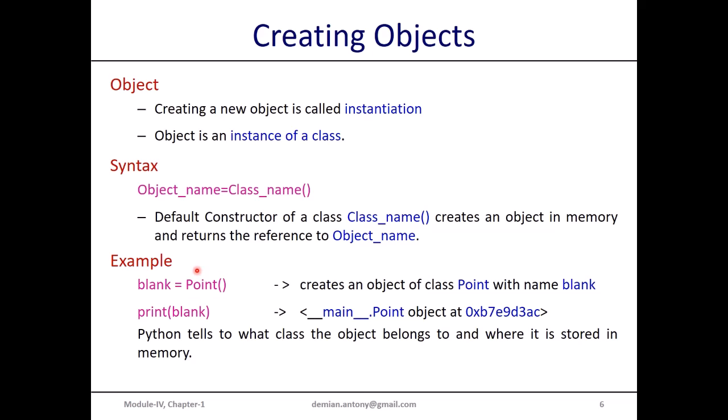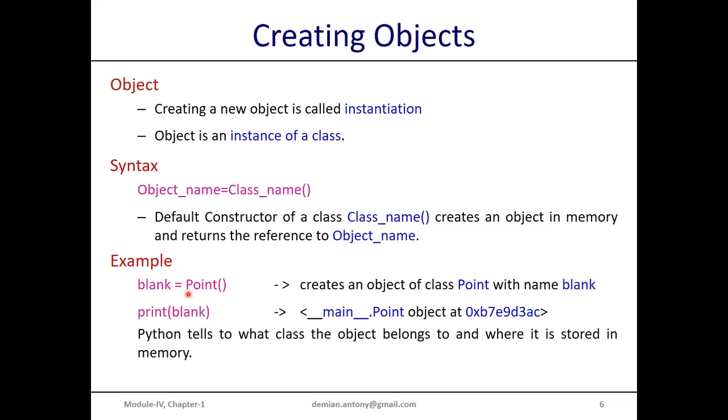We have defined a class point with x and y, and we now create an object called blank. Blank equal to point with the default constructor notation. This creates an object in memory and returns the reference to the object variable blank.